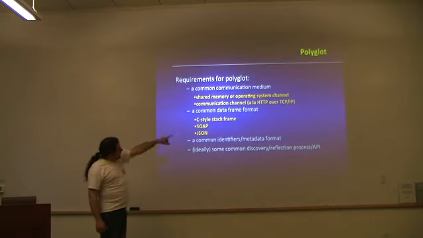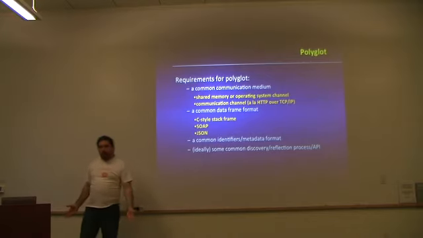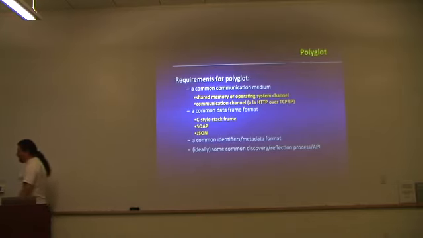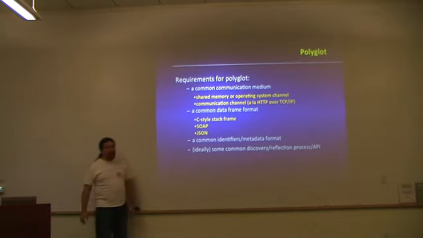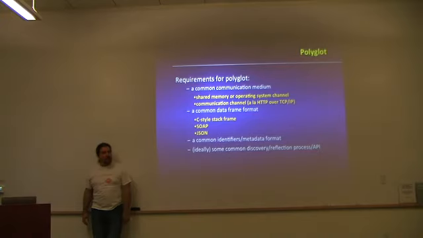But the second thing is some kind of common data frame format. Again, for most operating systems, for the last 40 years, that common data frame format has been the C-style stack frame. It hasn't needed to be anything more sophisticated than that. This is how parameters are expected.